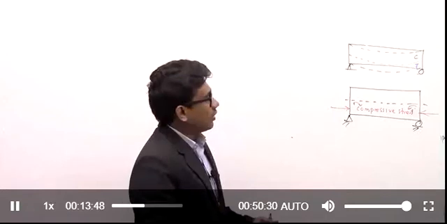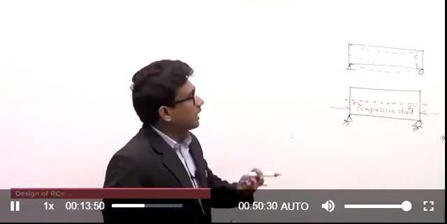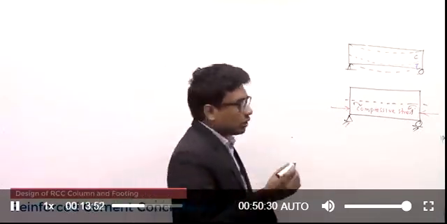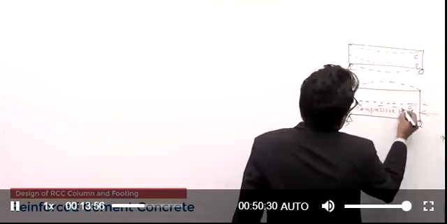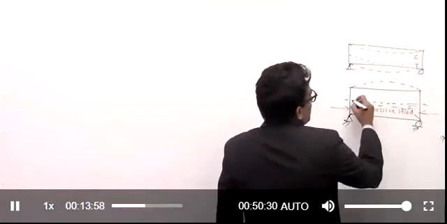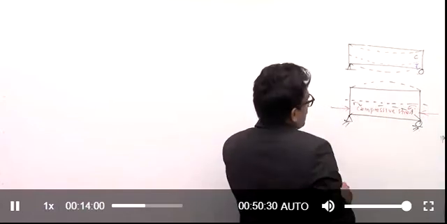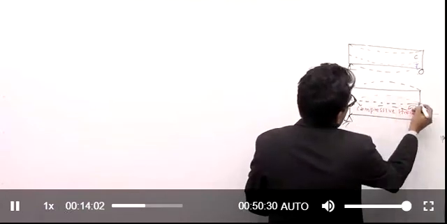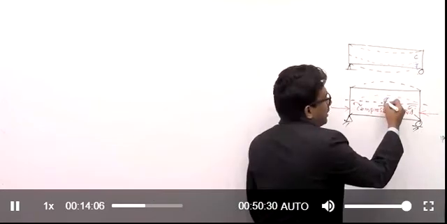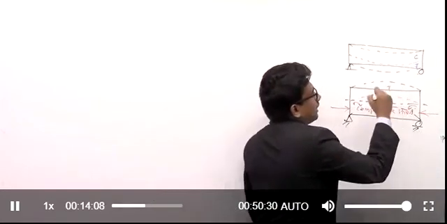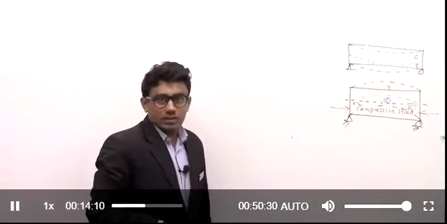So when we apply no load, nothing, and apply the compressive stresses below the neutral axis, what is going to happen? The beam is going to deflect like this, which means that below the neutral axis we will have compressive stresses, and tensile stresses above the neutral axis, right?